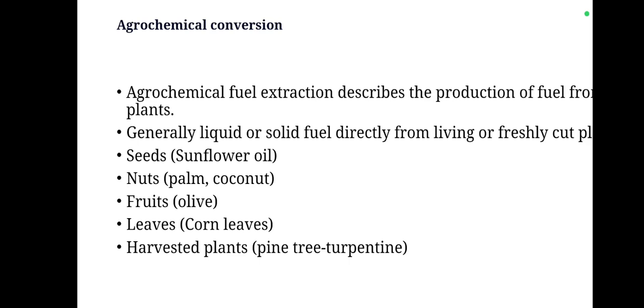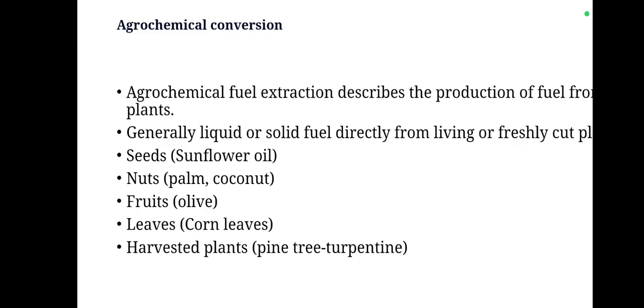So coming to the agrochemical conversion method. In this method, agrochemical fuel extraction describes the production of fuel from plants, generally liquid or solid fuel directly from living or freshly cut plants. Seeds: from the seeds we can generate sunflower oil, etc. Nuts: from the nuts we can create palm oil or coconut oil.